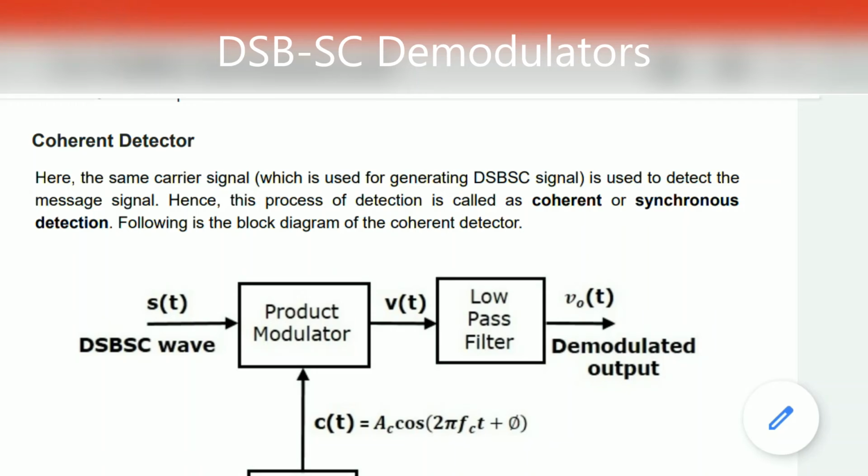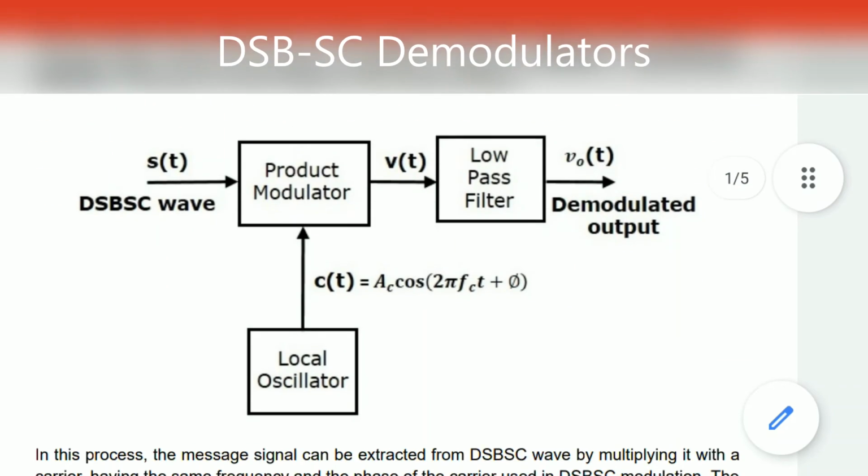Here, the same carrier signal which is used for modulation is used to detect the message signal. This is called coherent or synchronous detection, because the same carrier frequency is used for modulation as well as demodulation.